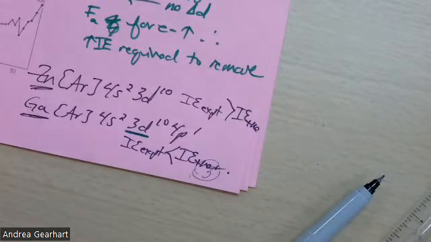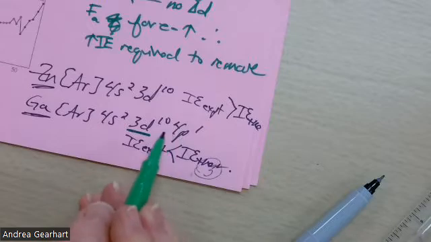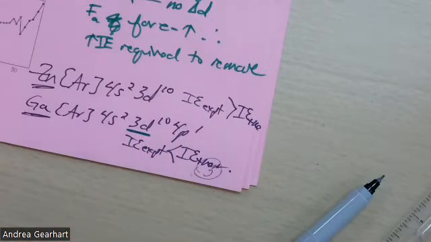You're right, it's not paired. Why do we fill the 4p after the 3d, Gabby? It takes more. What do you mean it takes more energy? No problem. So that whole aufbau chart thing, we follow the arrows.